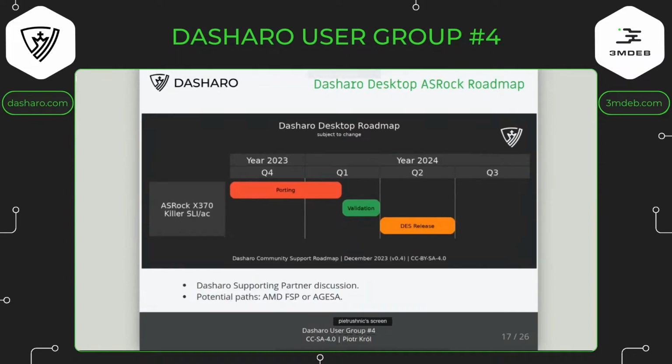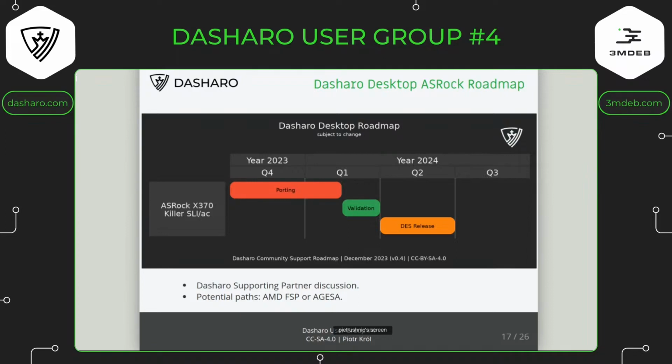This is a very interesting target. We don't control anything here. To be honest, I call it the Dasharo desktop ASRock roadmap, but it's not Dasharo. It's Hanetzer's roadmap, and even this roadmap is completely made up because Hanetzer does things at his own pace. There is already a review of this code, there are already some problems on the mailing list, and there was discussion.